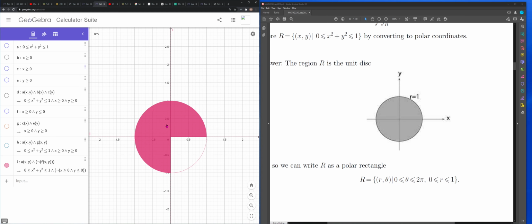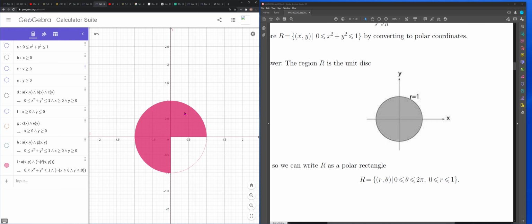What would this be as a polar rectangle? Your radius here is 1. Your inside circle is 0. You start at theta equal to 0, but the angle in this case is equal to 3 pi on 2.